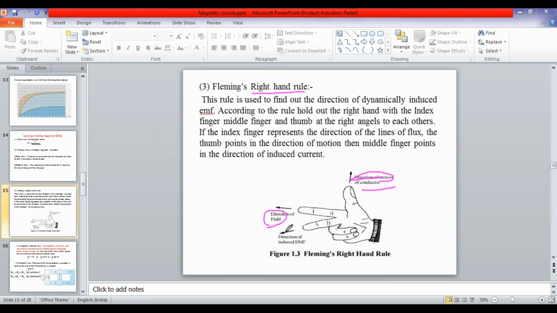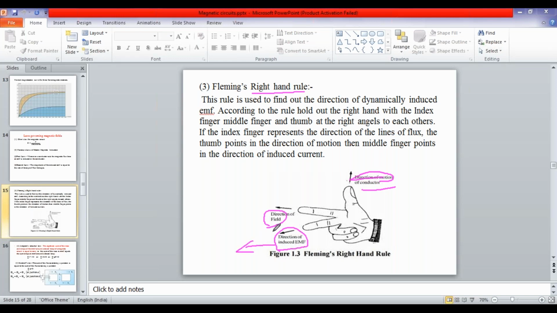Then the result, that is the produced induced EMF, can be given by your middle finger. That is to know the direction of the induced EMF.